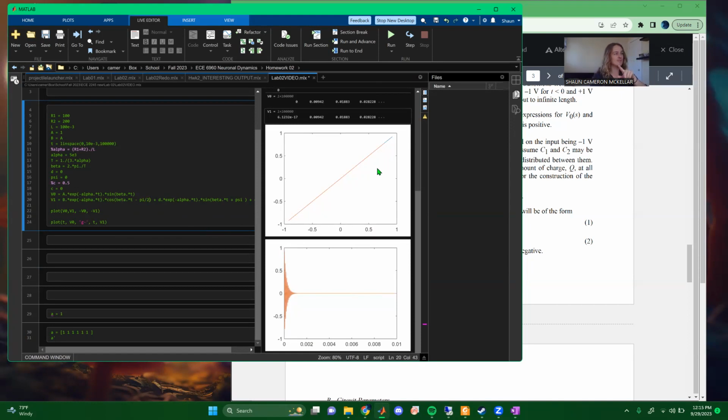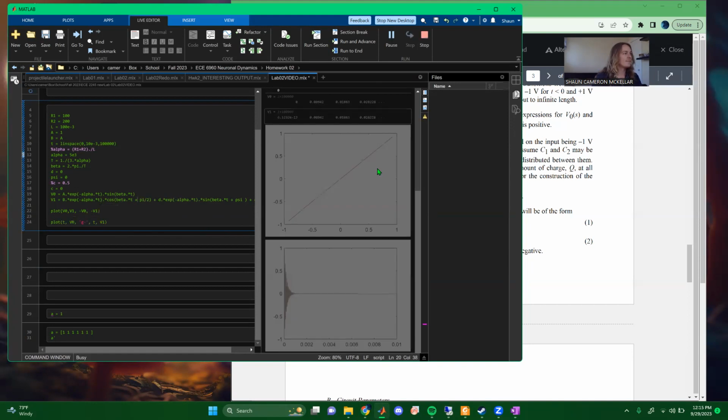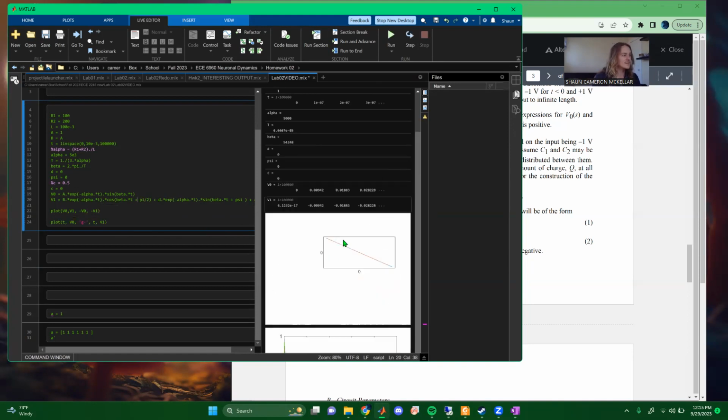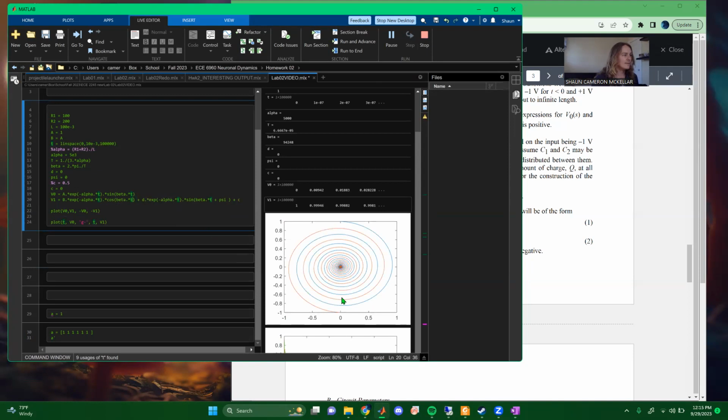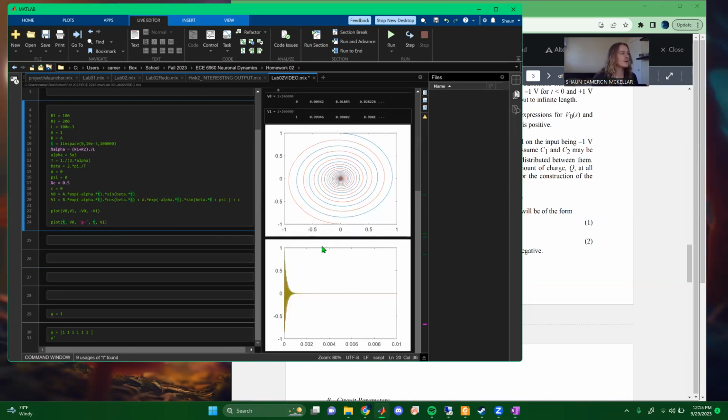I was expecting to see one spiral. Let's try a plus pi over 2 and see what happens. A negative slope. I'm not entirely sure what the reasoning behind that is. I was expecting to see the spirals line up perfectly, but nonetheless, this is kind of what we expect to get with our code, this sort of spiral.